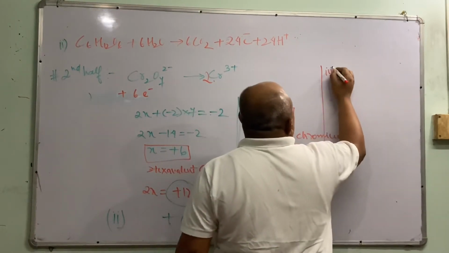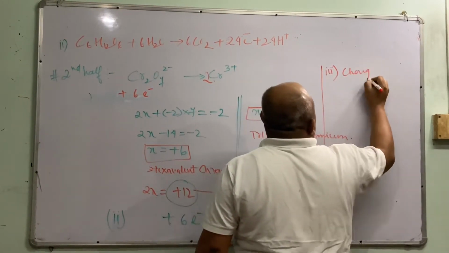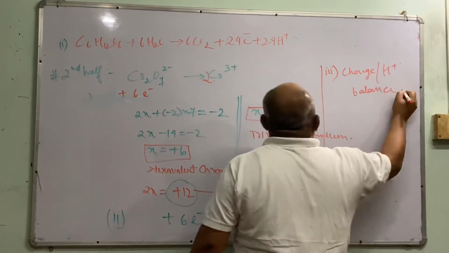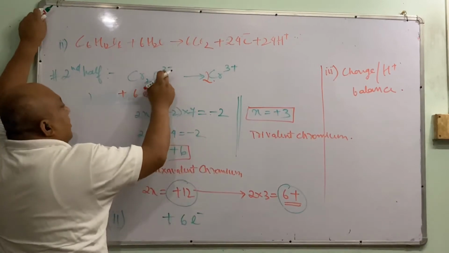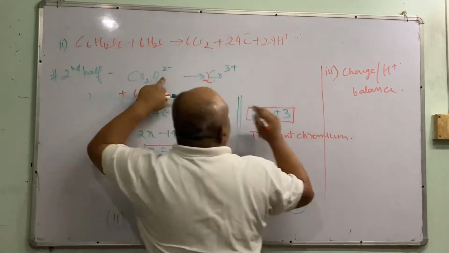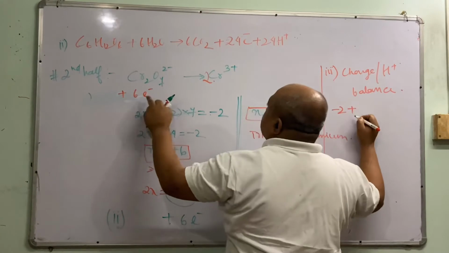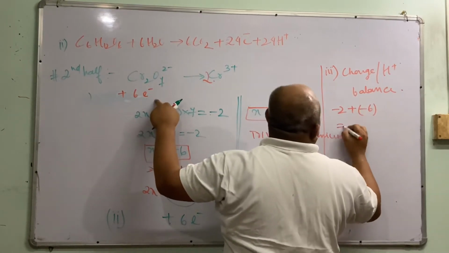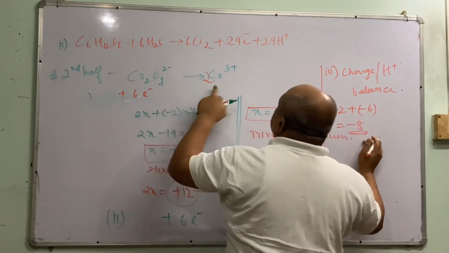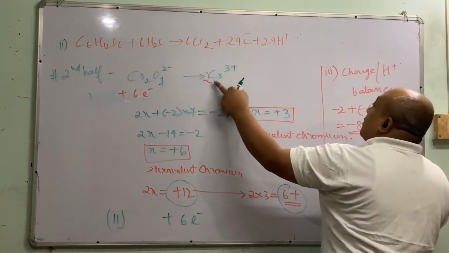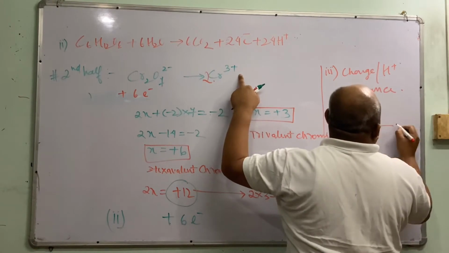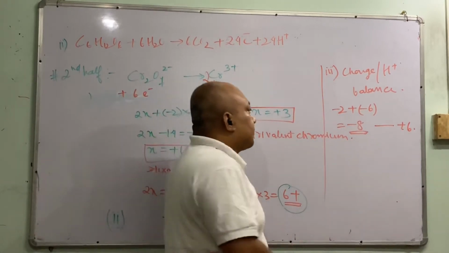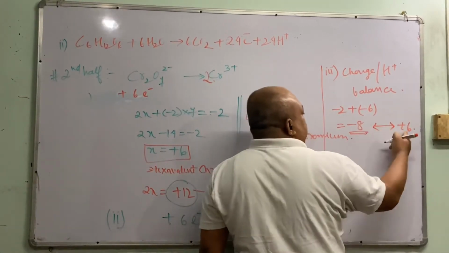Okay, the third step, I told you, is charge or hydrogen balance. You can see over here, the charge is -2 plus -6. So this is -8. This side is plus 3, 2 3 is 6, is equal to plus 6, right? So -8 is going to plus 6.